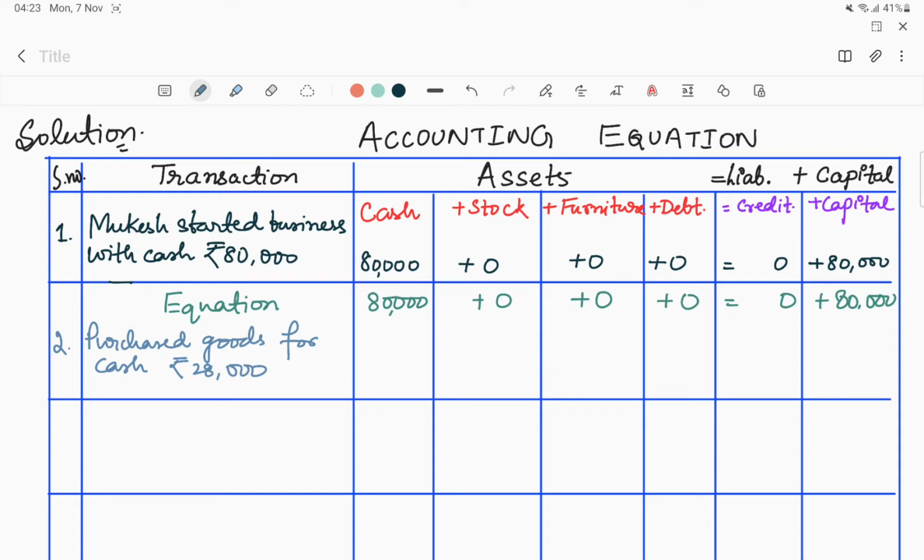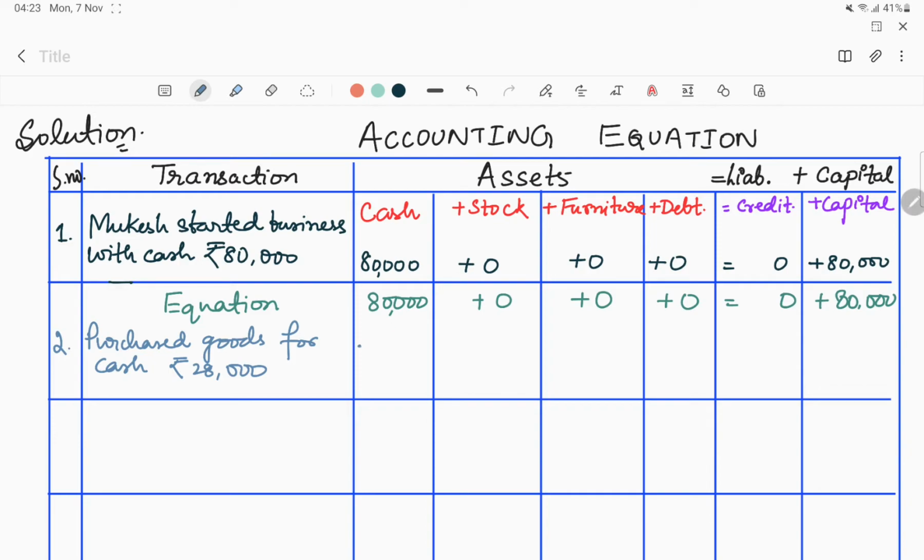So he will use 28,000 from the cash amount. So we have to subtract 28,000 from the cash side of the asset, because he will use cash money only to purchase the goods.